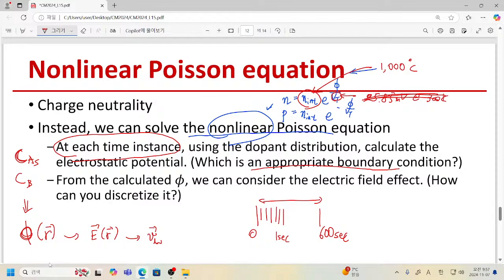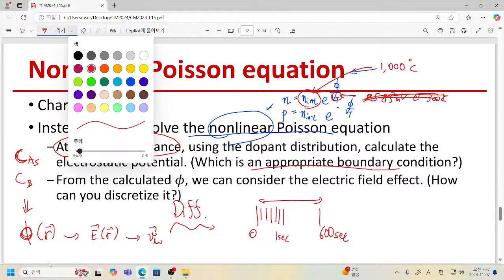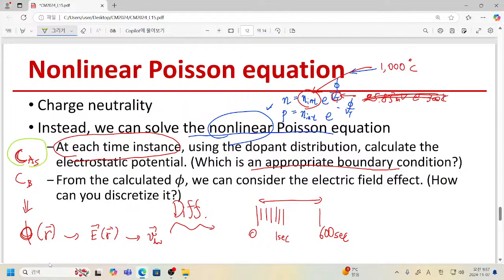After that, if you take this diffusion simulation, then you will have a little bit different arsenic distribution and boron distribution. Yes. So since now we have a slightly modified dopant distribution, your potential will be changed a little bit. Yes, please recalculate it. So in order to recalculate it, of course you must solve the nonlinear Poisson equation.